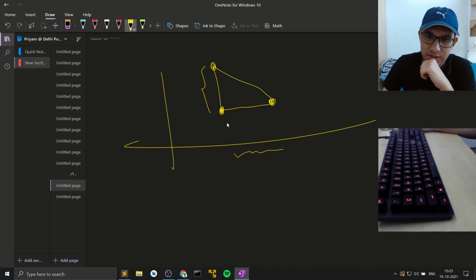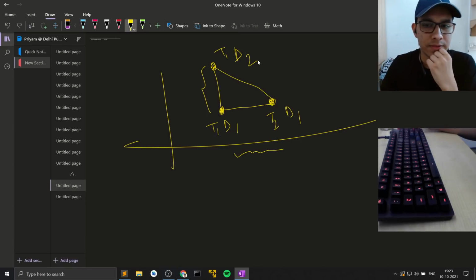Which other points can I not select? Here we have T1 or D1, and we have T2, T1, and here we have T1, D2, right?